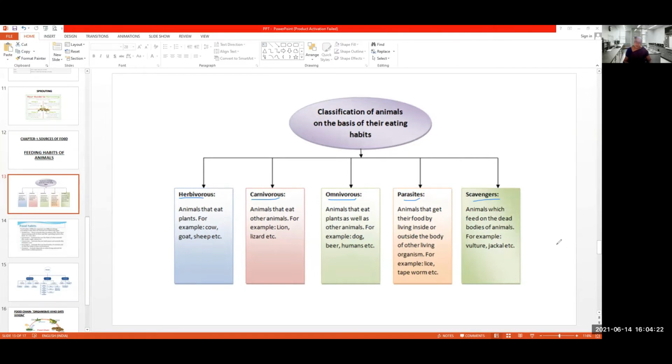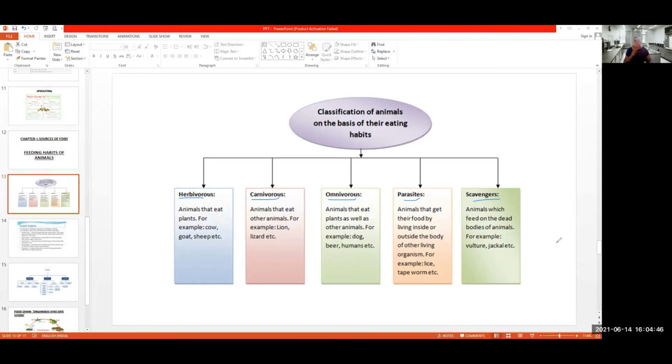Herbivorous animals eat only plants, as we all know: cow, goat, sheep, zebra, giraffe, and many more. There are also herbivorous insects, like the grasshopper. Grasshopper eats only grass, so that is a herbivorous insect.